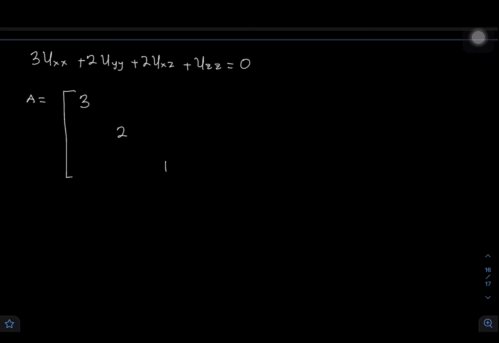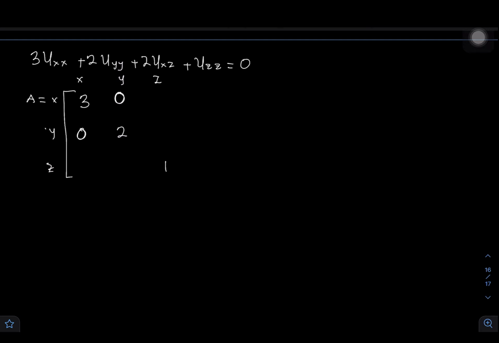And then these parts here are going to be 0 because, write this out as something like this, x, y, and z. Okay, so xx gives you 3. xy, you don't see any uxy, so it's just going to be zeros.